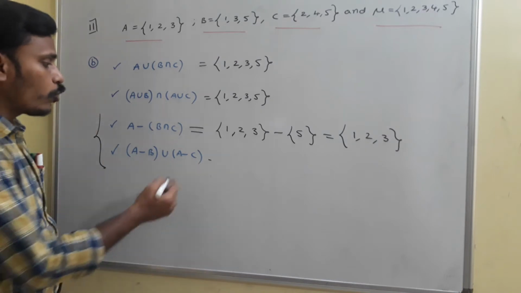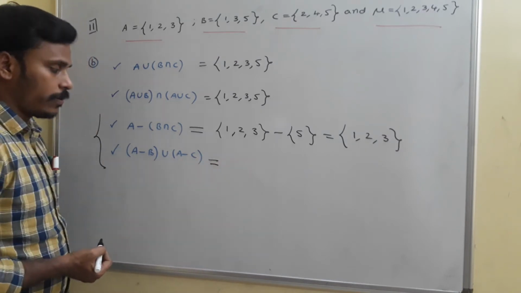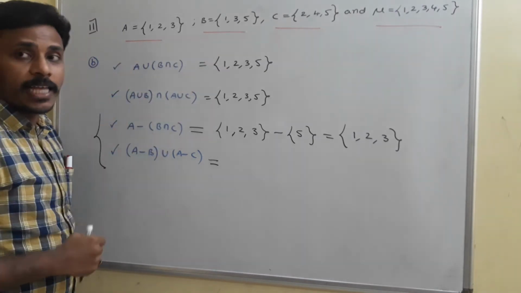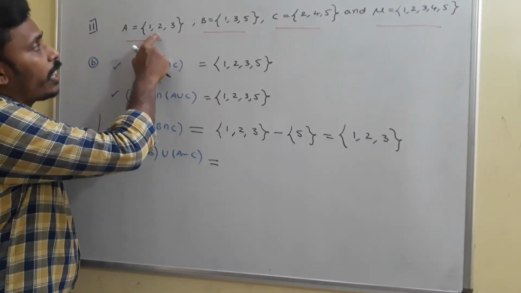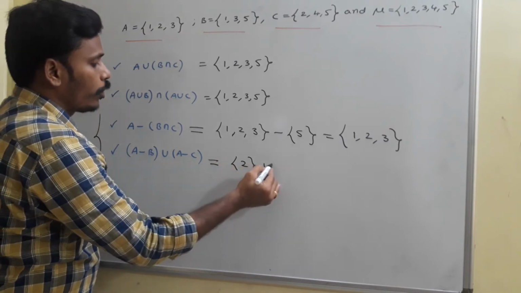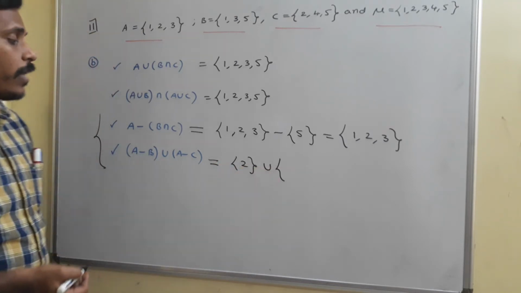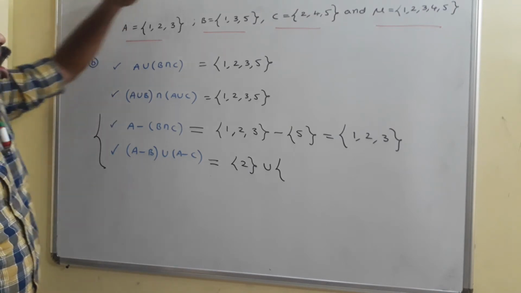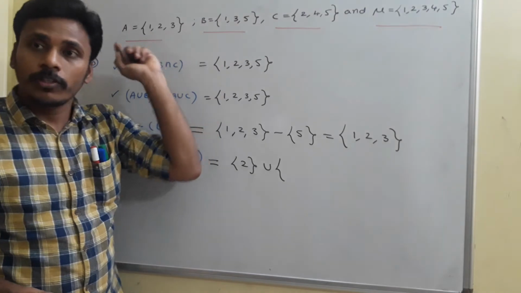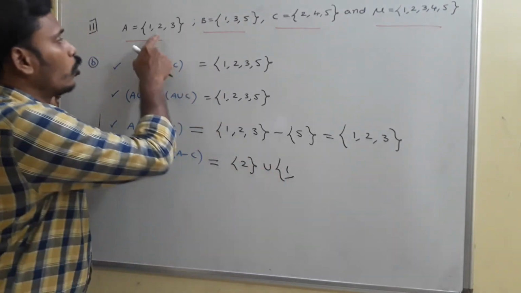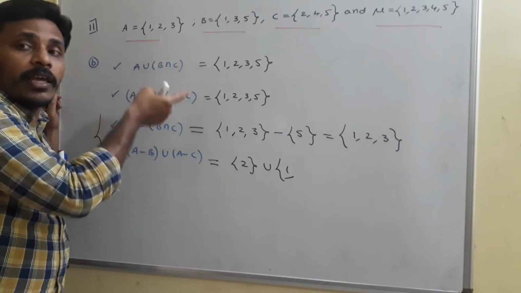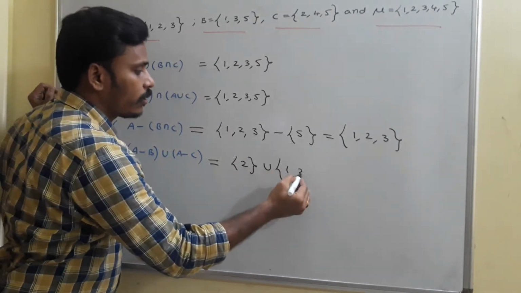Okay. And then coming to A minus B intersection A minus C. A minus B. Think about it. As I mentioned, elements in A, not in B. And what is that? 2 only. Union A minus C. Elements in A, not in C. 1 is in A but not in C, so collect that one. 2 is in A, also in C, don't collect it. 3 is in A, not in C, so collect that 3.